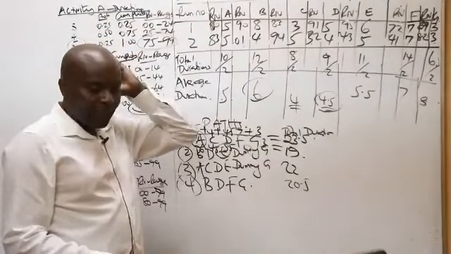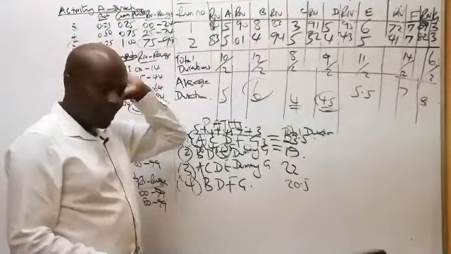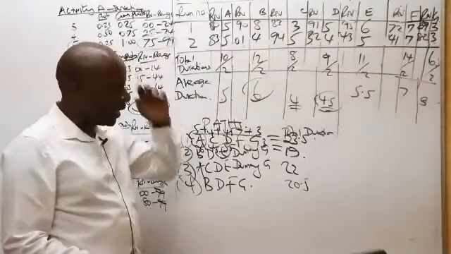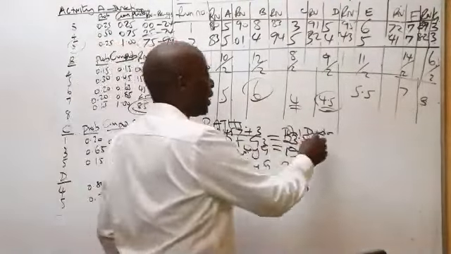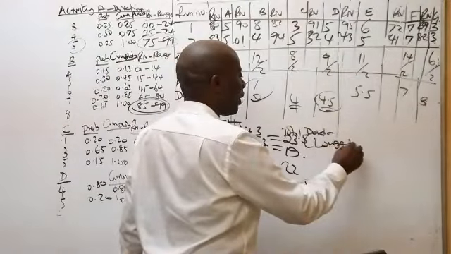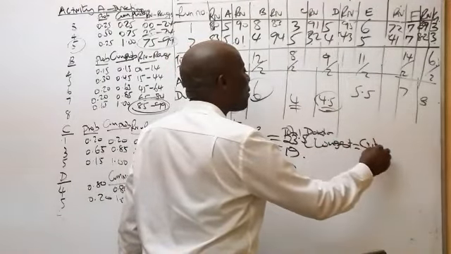It is still path number 1. So path number 1 is the longest, which means that it is still our critical path.